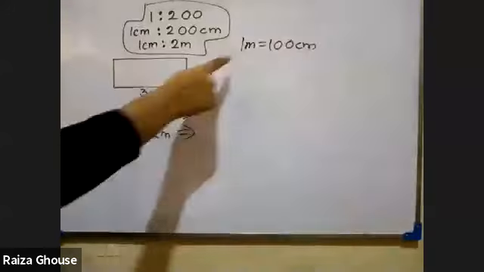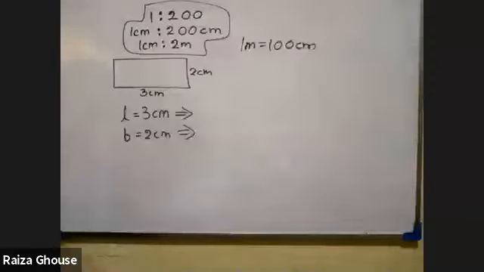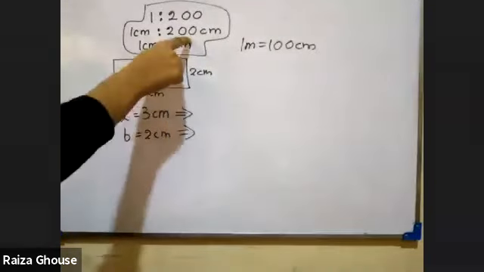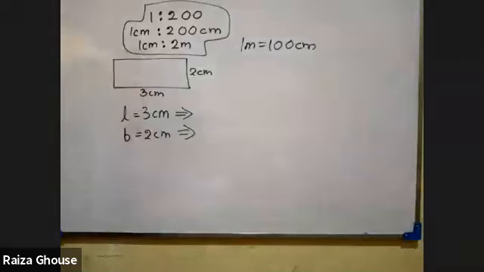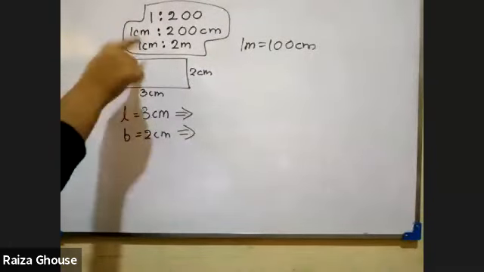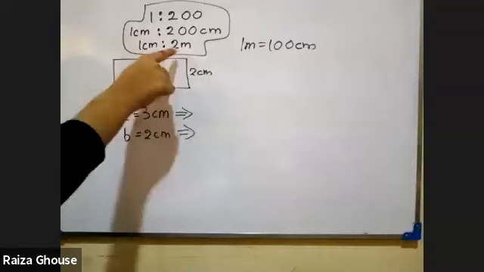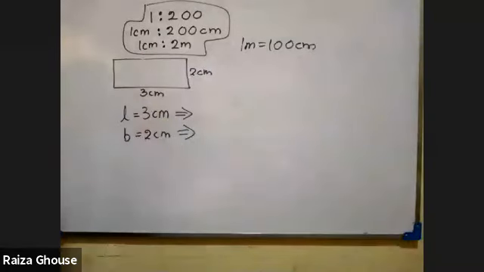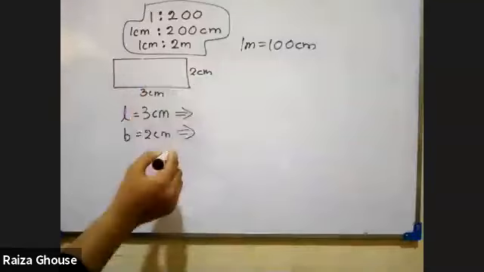Okay, right. Listen, children, now. 1 meter is representing 100 centimeter. Using that relationship only, we found that here 200 centimeter means 2 meter. Listen again. In your diagram, 1 centimeter is representing a real length of 2 meters. Then what is 3 centimeter representing?